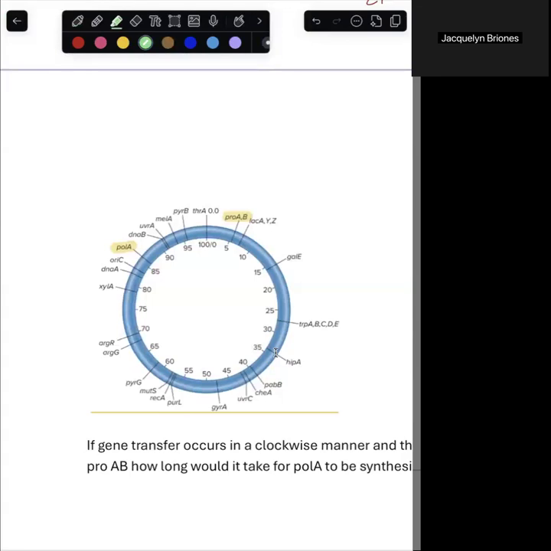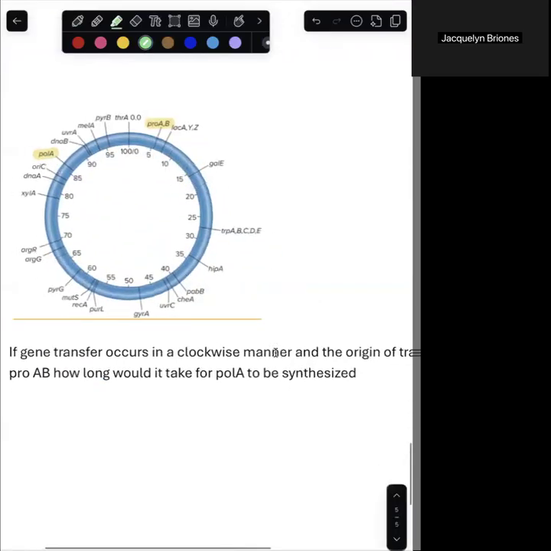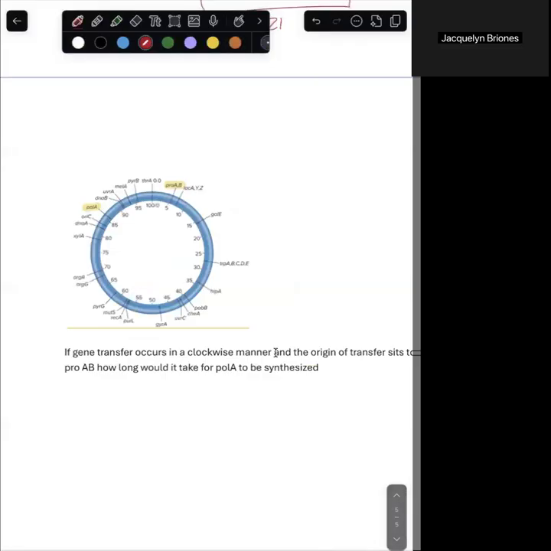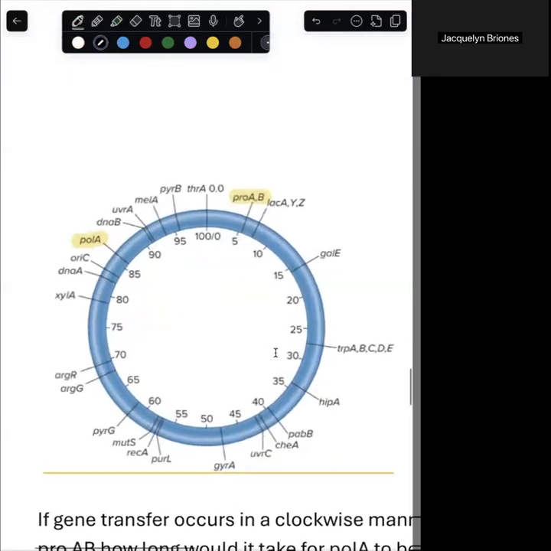So if we start at 5 and go all the way to 85, the answer would be 80 minutes. From the origin of transfer, it would be 85, but because we got a little bit of a head start here at 6 minutes, it's gonna be 80.